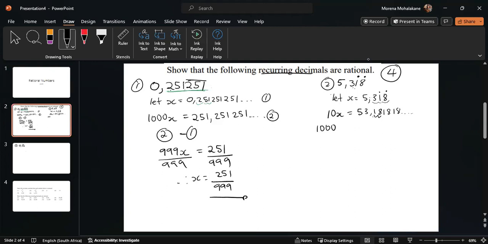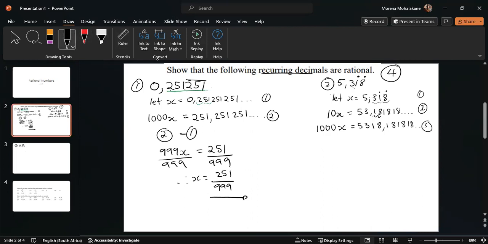So I'm going to have 5,318.181818. Now I have achieved 1818 after the comma.